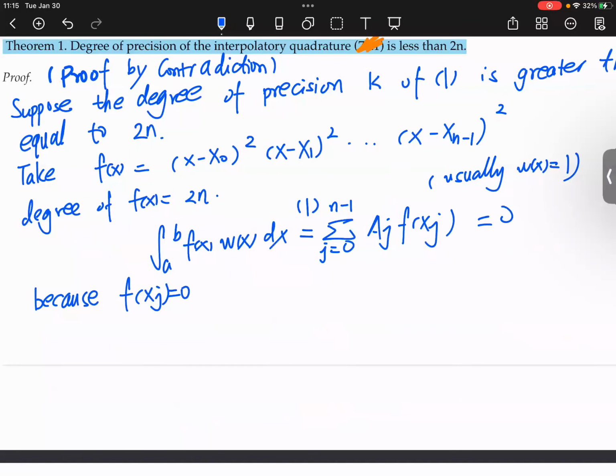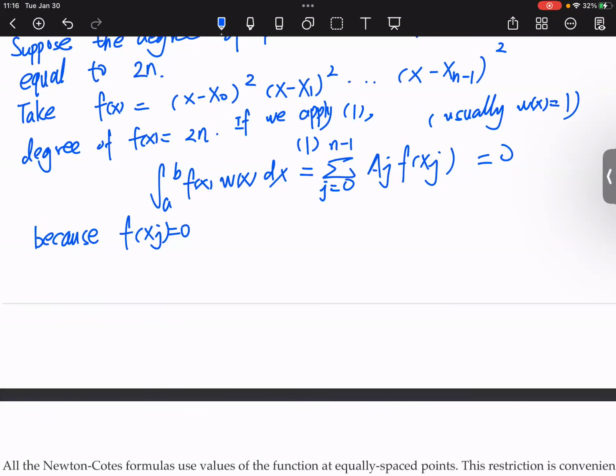Now, let's calculate this integral. The weight function is positive.